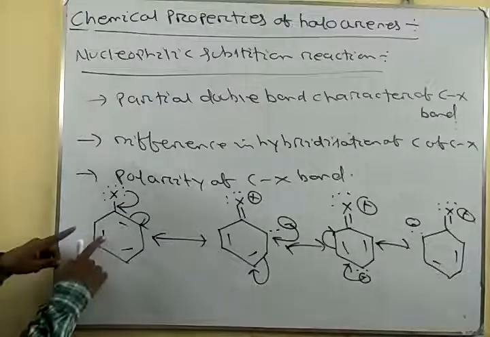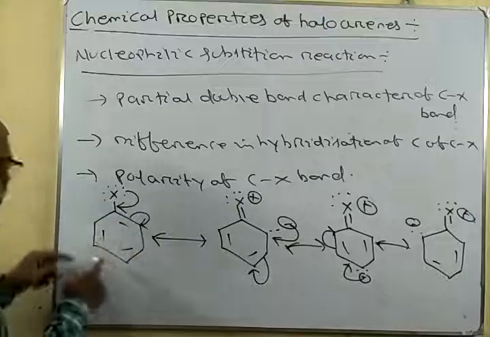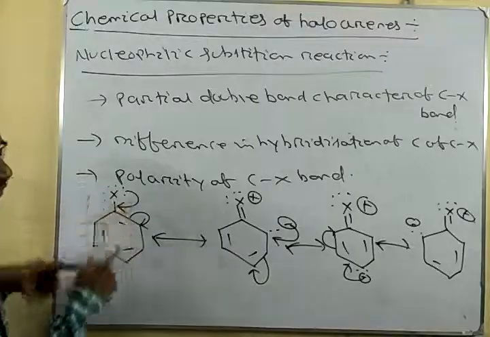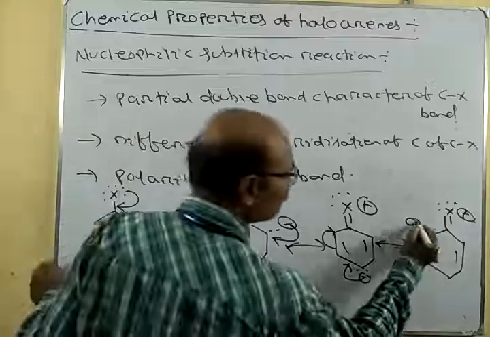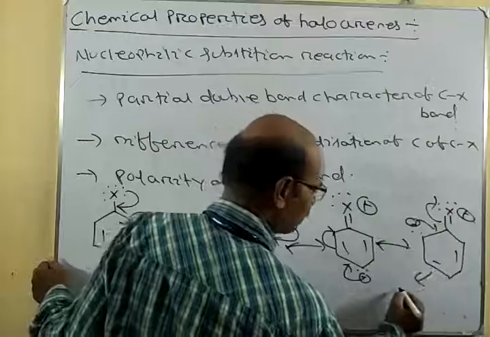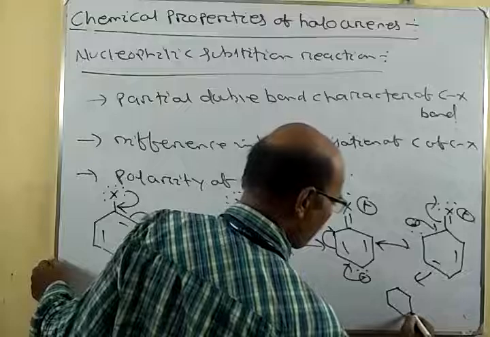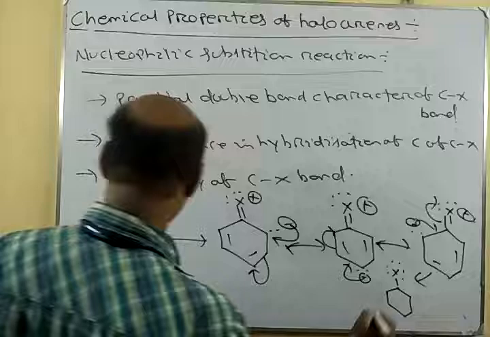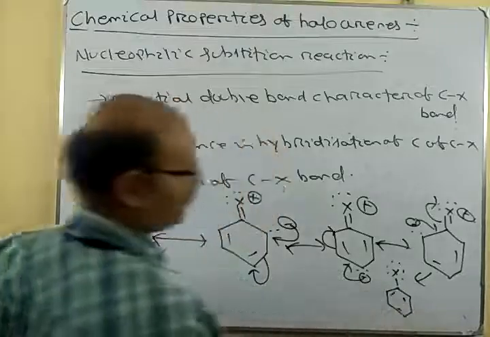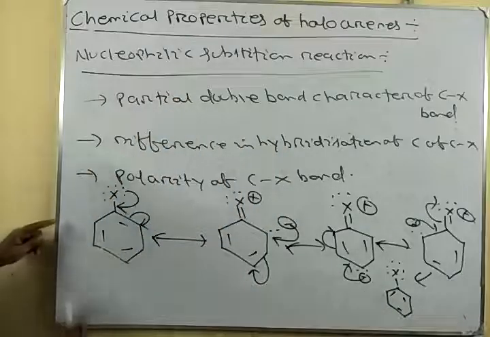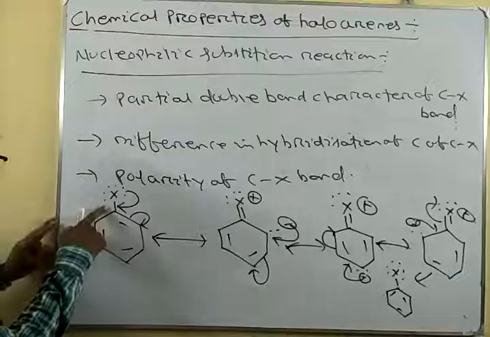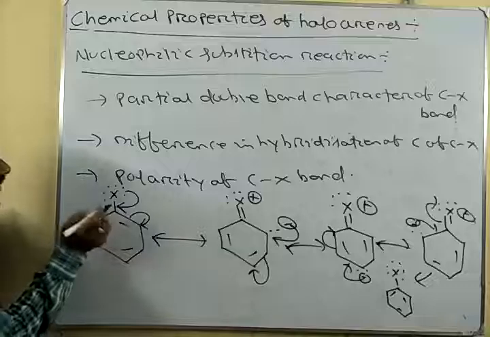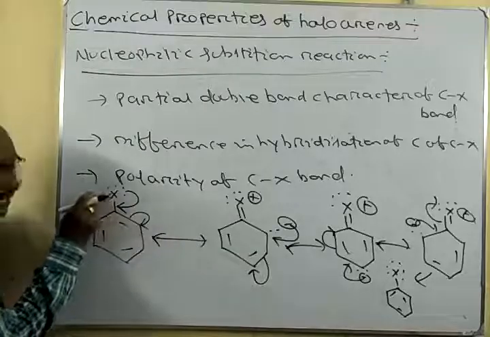So here you see the halogen atom present on the benzene ring undergoes resonance. The halogen atom undergoes resonance and a double bond is created between the halogen X and the carbon.